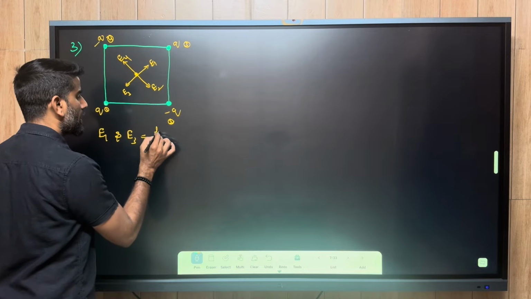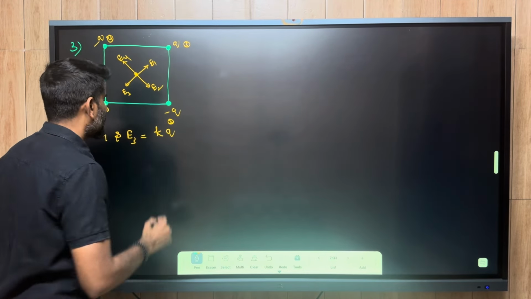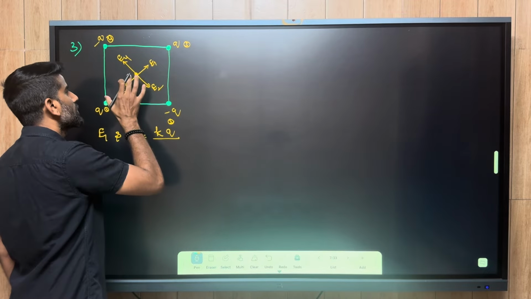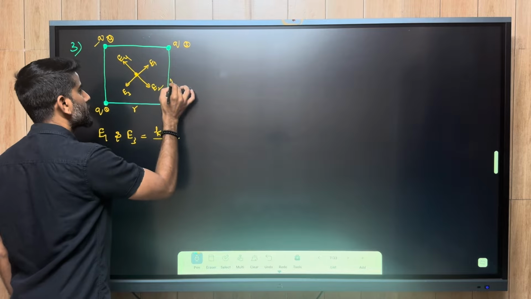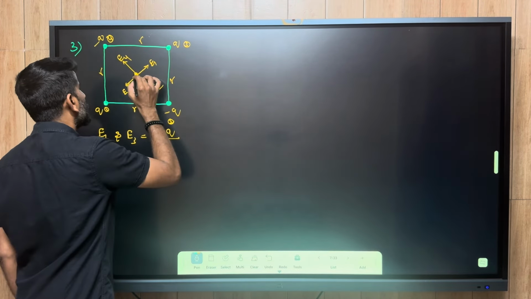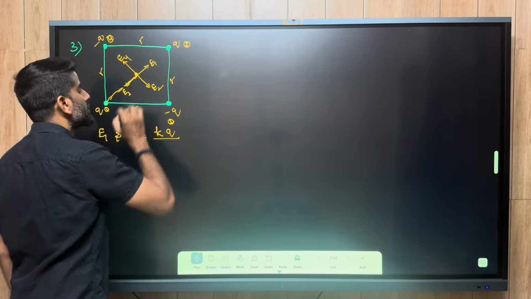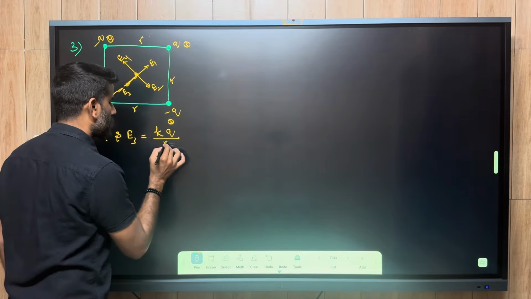When you look at E1 and E3, it is equal to KQ, both of them having the same charge. So KQ by distance, which is also the same. Let's say I have taken R distance as each side. Now this half of the diagonal is r by root 2, so KQ by r by root 2 whole square.